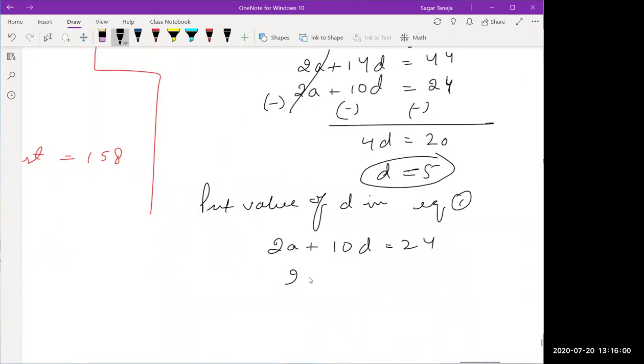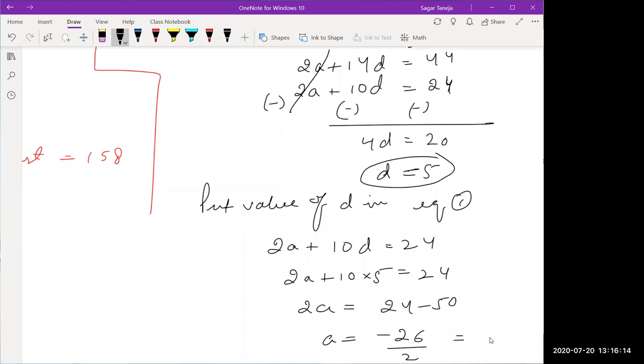By putting the value of d in equation 1, that is 5, we will be able to find out the value of a, and that is minus 13. Yes, d is 5 and a is minus 13.